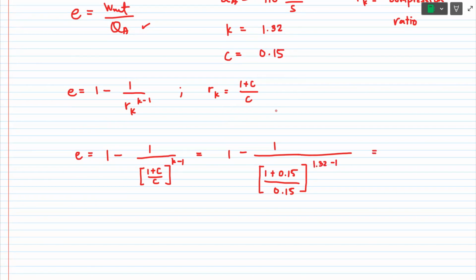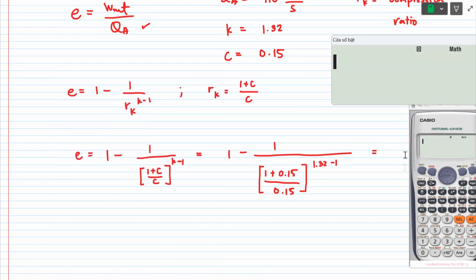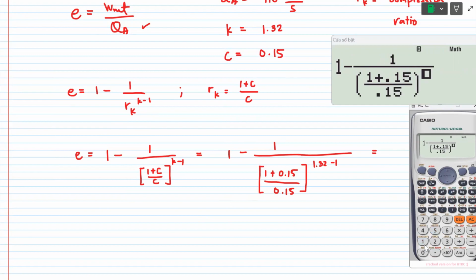Okay? So, your efficiency here is, let us calculate. So, 1 minus 1 over, use parentheses for the denominator, 1 plus 0.15 divided by 0.15 raised to 1.32 minus 1.